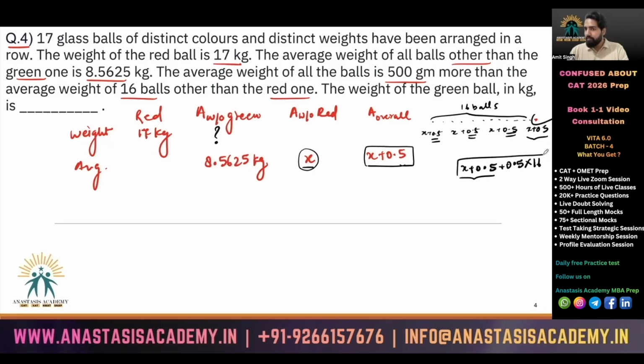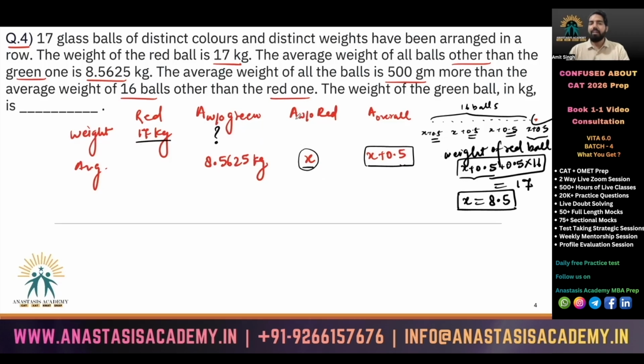So can you see this must be the weight of the red ball, and it is given as 17 kg. So I can equate it to 17, correct? So 8 goes to the other side and it becomes 9. So I get the value of X as 8.5 because I need to subtract 0.5 from 9. So I get the value of X as 8.5 kg.